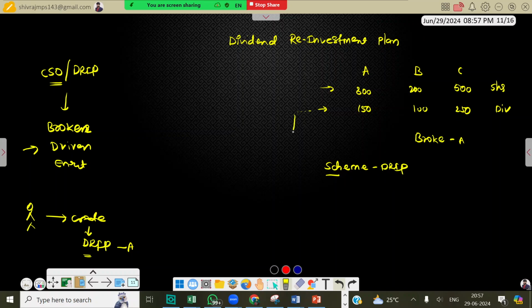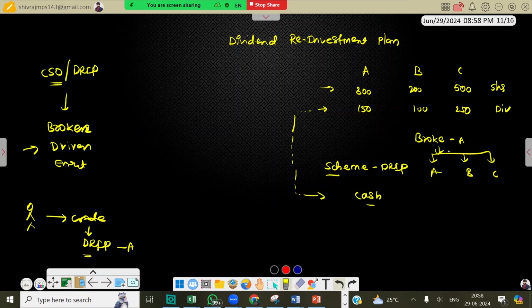The broker will send a notice to all shareholders: if you want, you can invest cash with the broker. So basically the broker will maintain the records for all three.